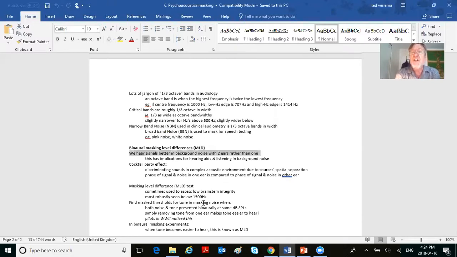In English, the phase of the signal and the phase of the noise in one ear is compared to the phase of the signal and the phase of the noise in the other ear. So there are 4 things being compared here: the signal and the noise to this ear, and the signal and the noise to this ear.